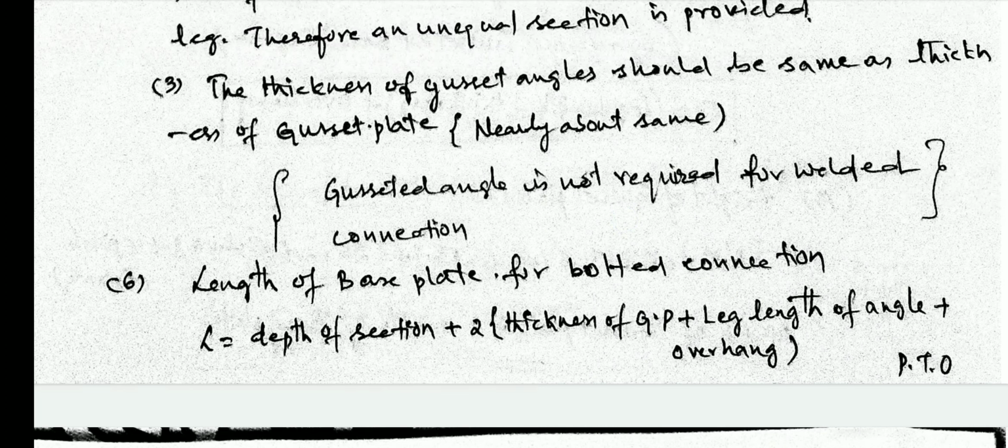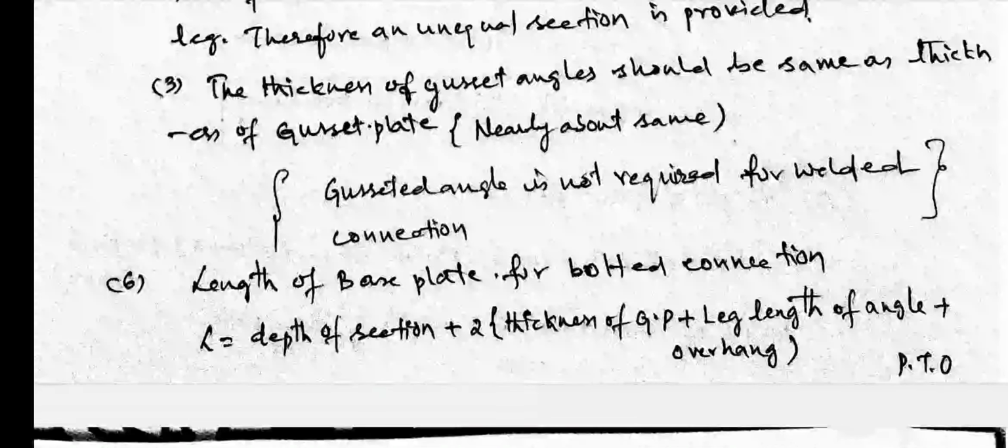So you can't take exactly 16 mm, but near to 16 mm. You can take 15 mm, which is also near to 16 mm. We will explain that in class when we solve the problem.